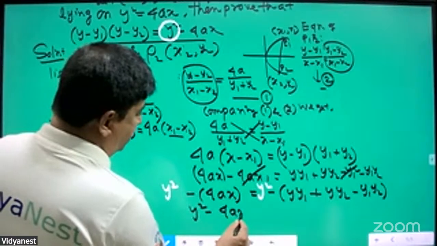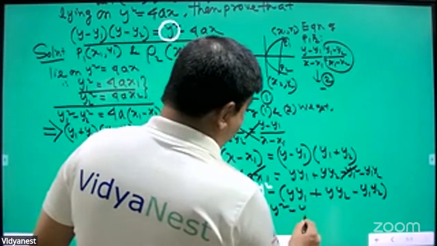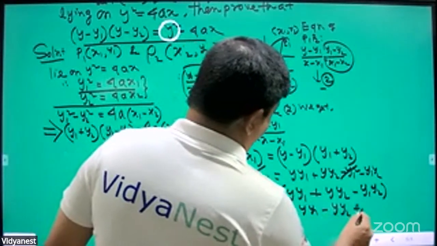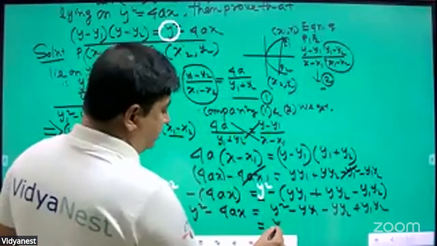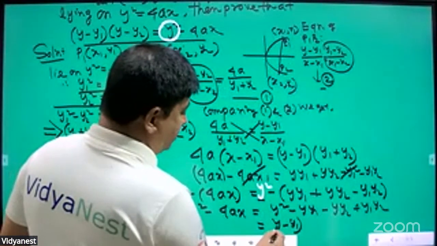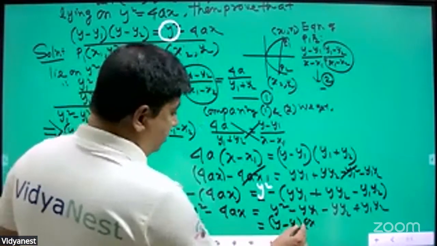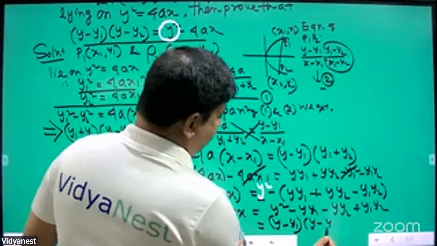Here you need simplification, means factorization. Factorize y minus y1 and y minus y2.